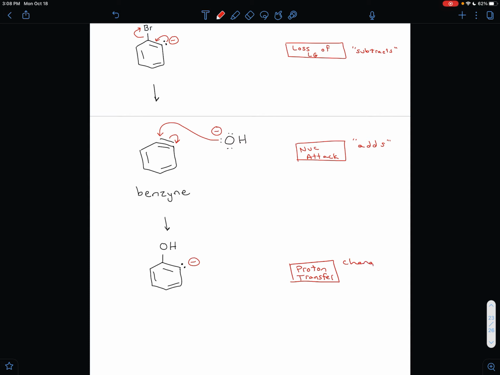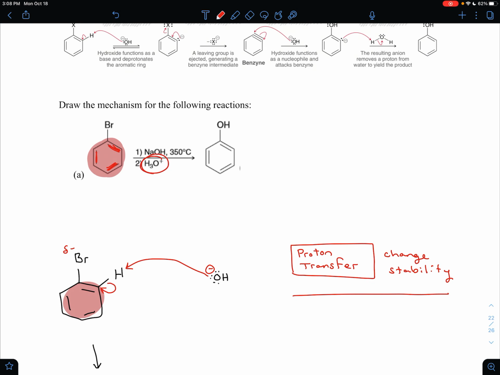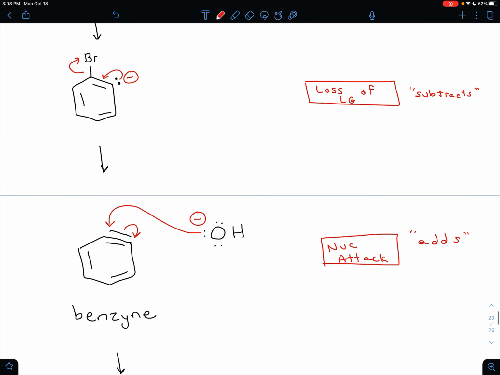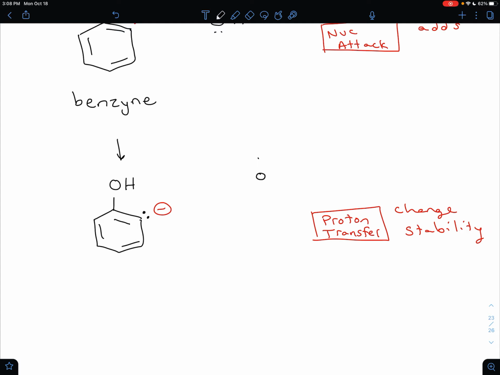So we'll change the stability of this. And really, we could use water or we could use hydronium. That's the purpose of this second step here. So either one will work. I'm going to use hydronium.